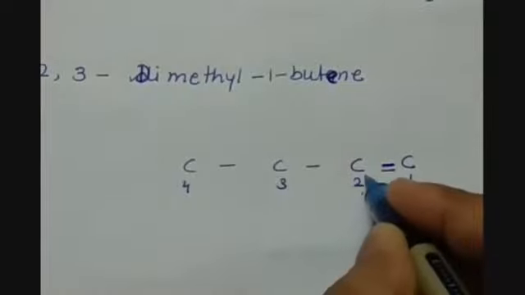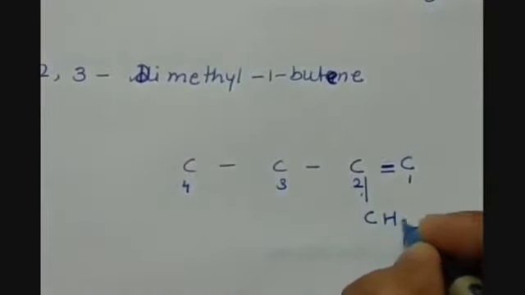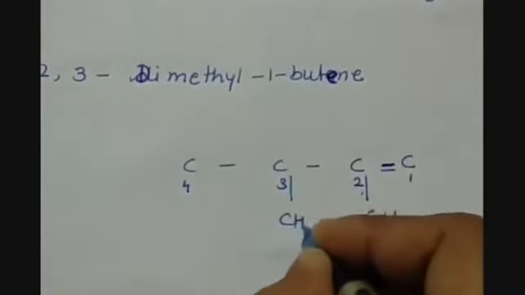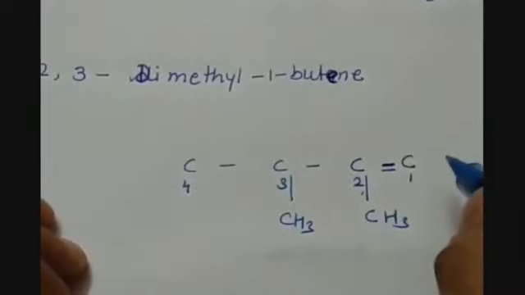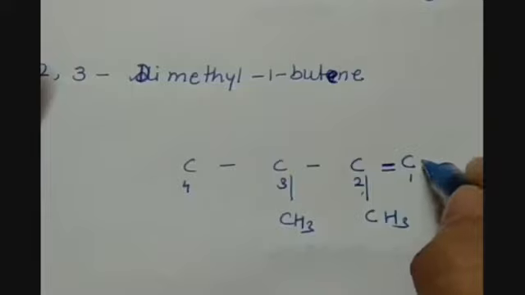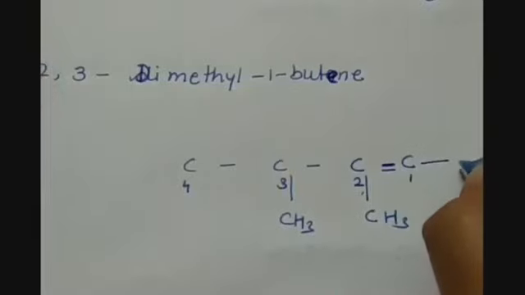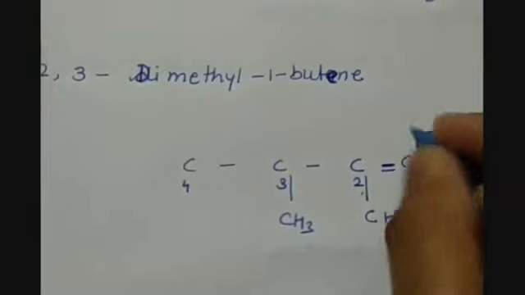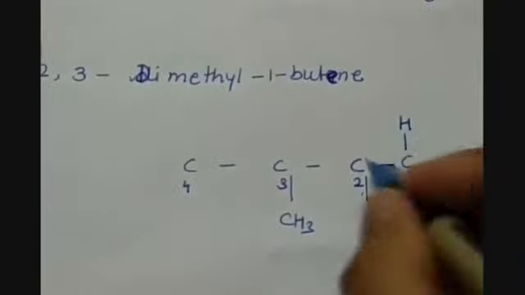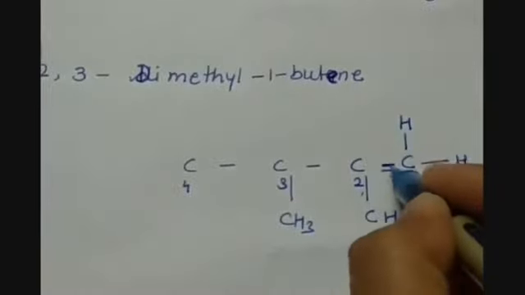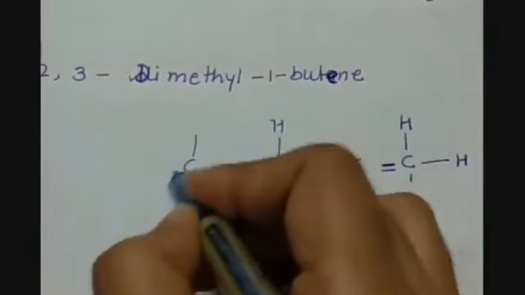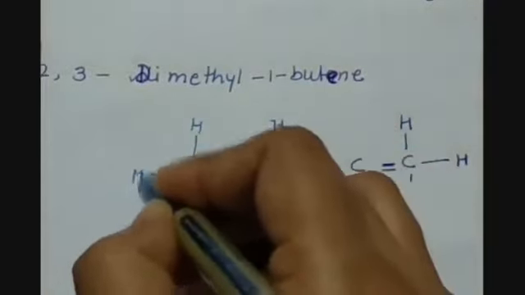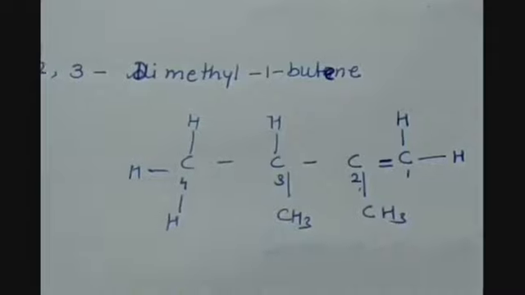So at second and third we have methyl groups. Now the rest of the valencies we have to fulfill with the help of hydrogen atoms. So here we will have hydrogen, hydrogen. Here we already have 2, 3, 4, and this is hydrogen. Here also we will have hydrogen. So this will be the structure for it.